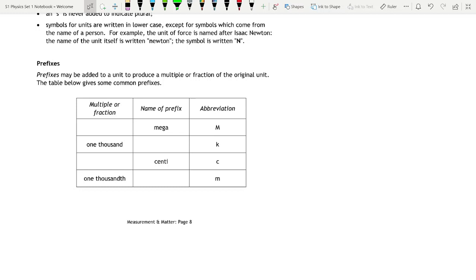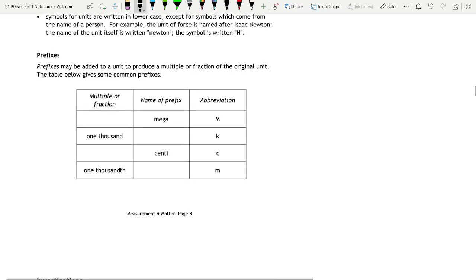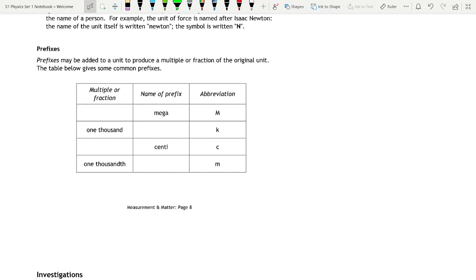And we've got 4 of them here that you're going to come across most of the time. So we've got multiple or fraction, name of prefix, and abbreviation. So mega, if you had a megameter, you don't really get those very often. Mega is actually 1 million. So a megameter would be 1 million meters.